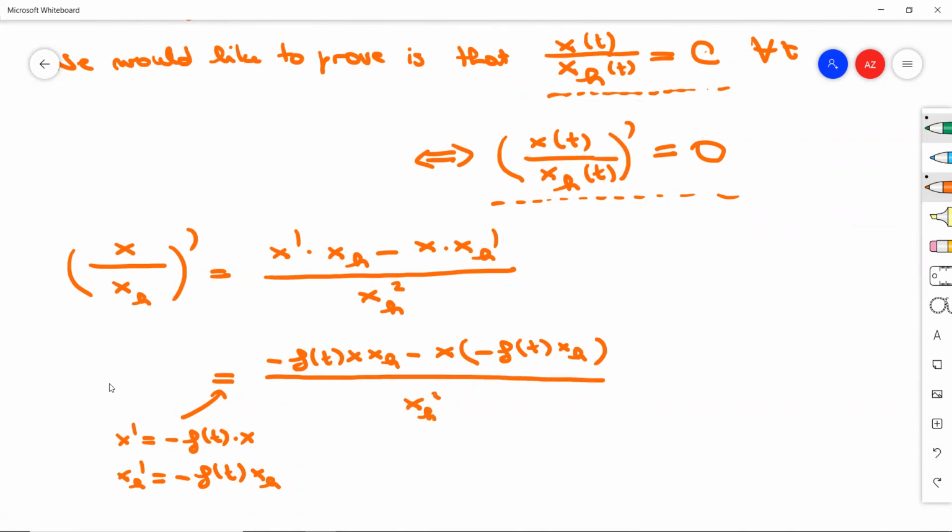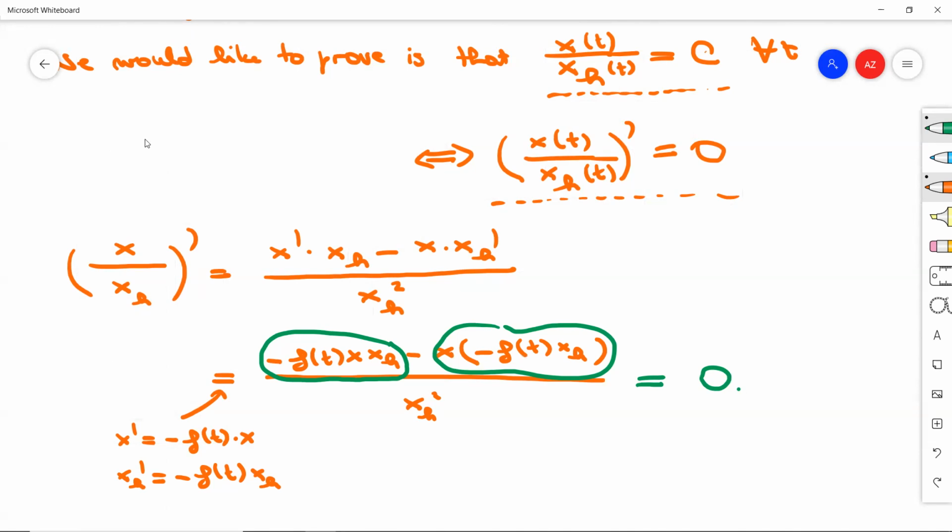And we notice that in the numerator, the summands cancel. So we really get 0 because they are the same. So this proves that all solutions of the homogeneous part are really of the form some constant times a particular solution.